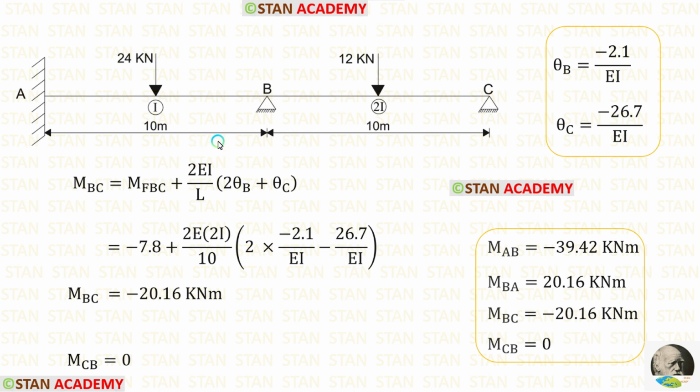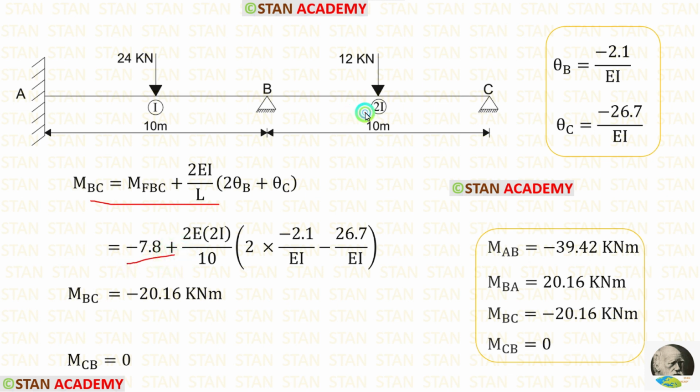Now let us make the slope deflection equation in the span BC. No need to make for MCB because we know that it is 0. Only we have to form the slope deflection equation for MBC. In this equation, let us apply the fixed end moment.